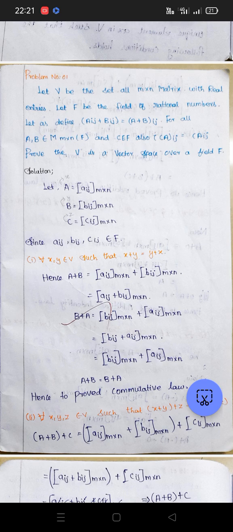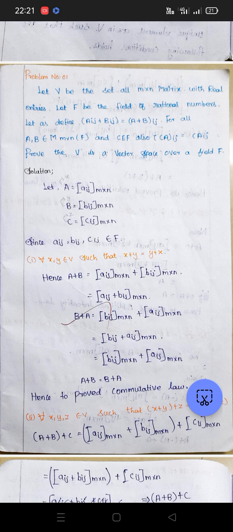The first condition: for all x, y belongs to V, x plus y is equal to y plus x. So here A plus B is equal to Aij M cross N plus Bij M cross N, where x is equal to capital A and y is equal to capital B. So you can substitute the matrix values, adding these two matrices Aij plus Bij of M cross N. In adding, we already know that 2 plus 3 is equal to 5 and 3 plus 2 is equal to 5.